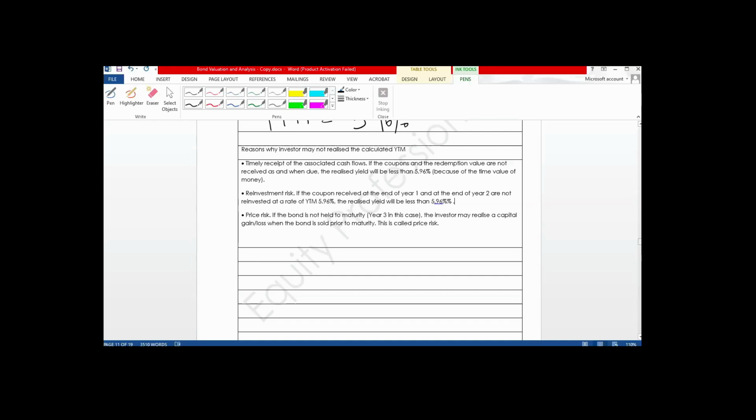Please, the rule is timely receipt of your cash flow. The assumption is the cash flow must be received in timely fashion. Failure to receive in timely fashion, that's where the problem will come from.